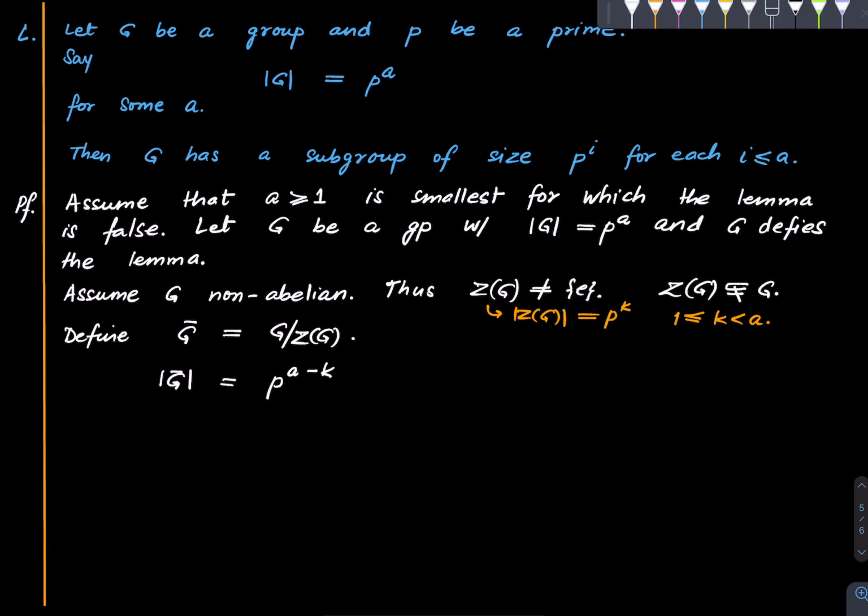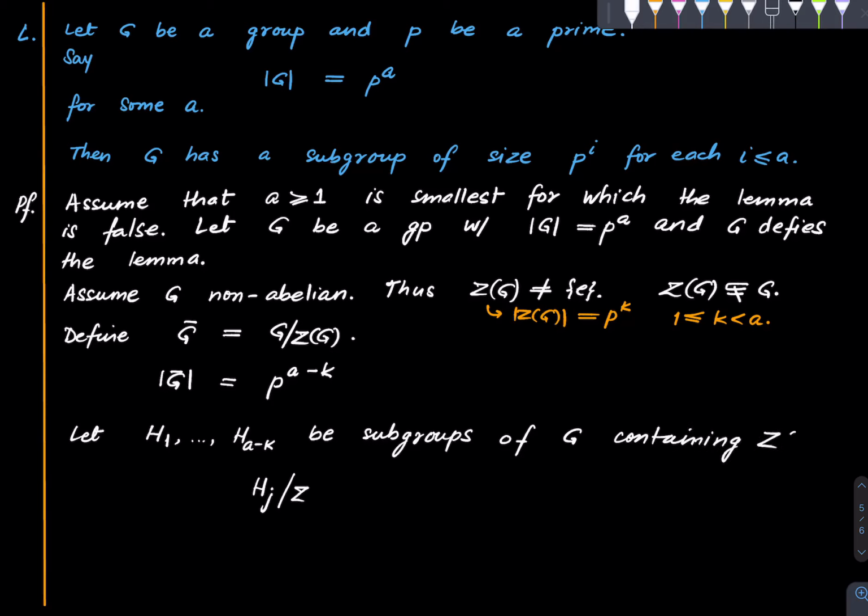Okay, so let H1 up to H_{A minus K} be subgroups of G containing Z(G) such that H_j mod Z(G) has size p to the J. So let me explain.